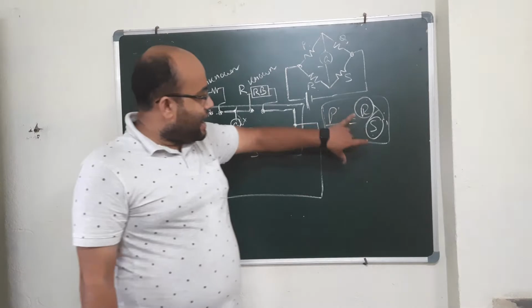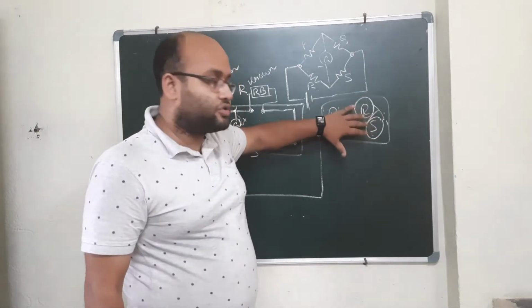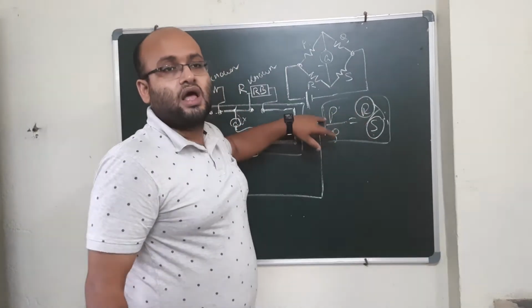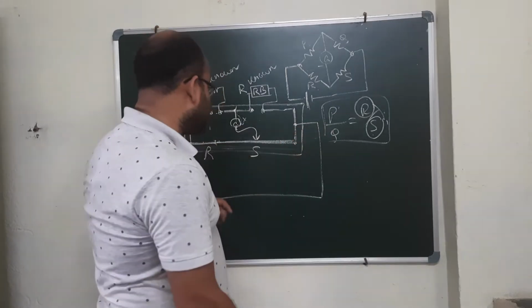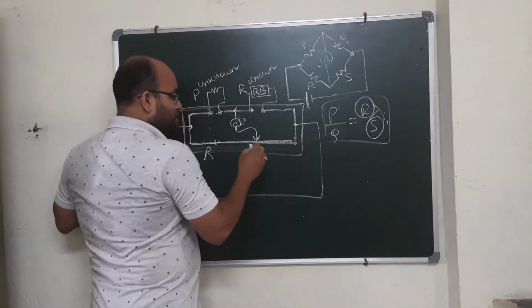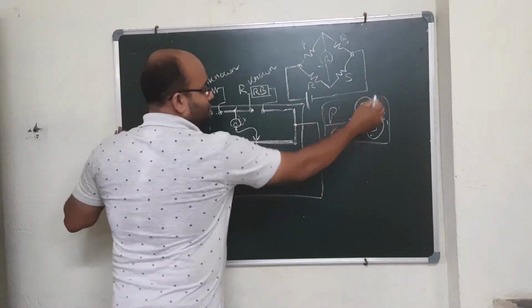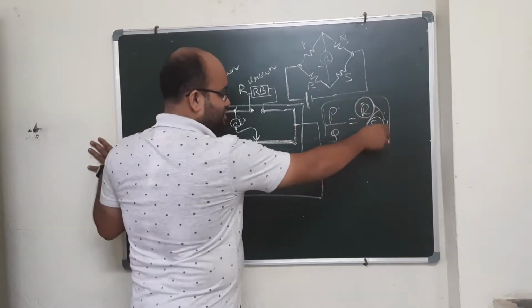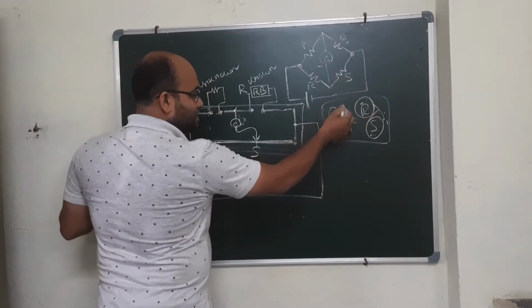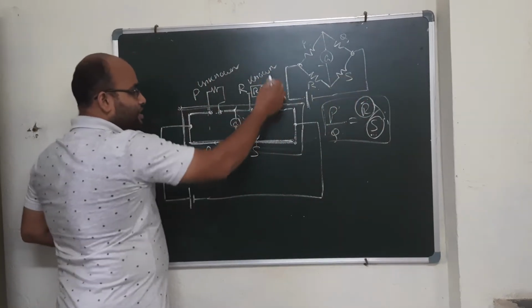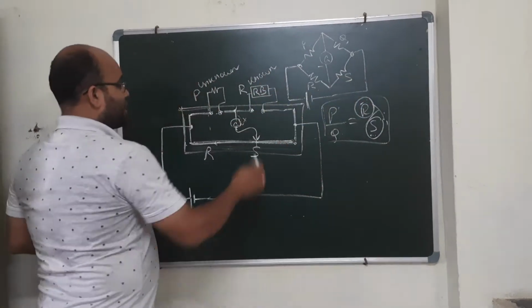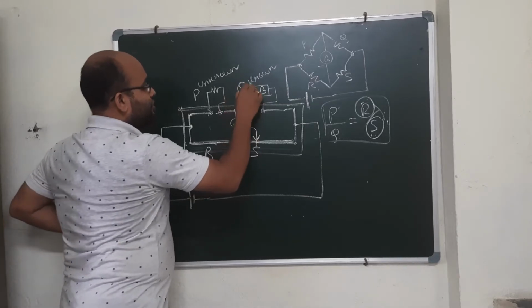Okay, I'm adjusting these values so that I get another point. And whenever I get another point, I can say this resistance is S, this is R, and we just calculate the ratio of these resistances. Then that is equal to P by Q, and, I'm sorry, this would be Q here, sorry.